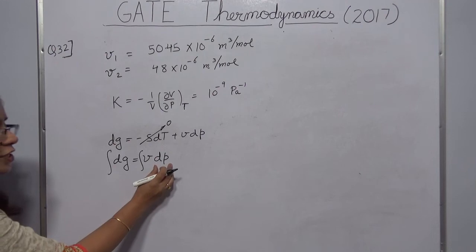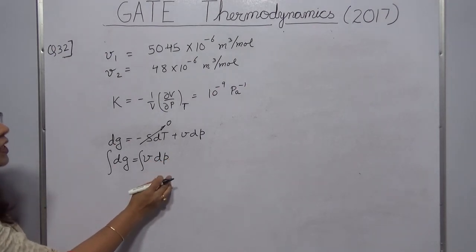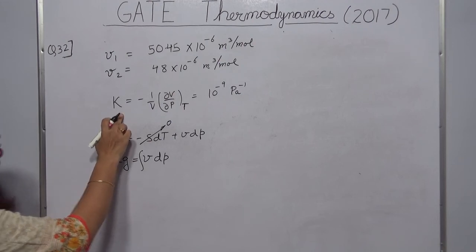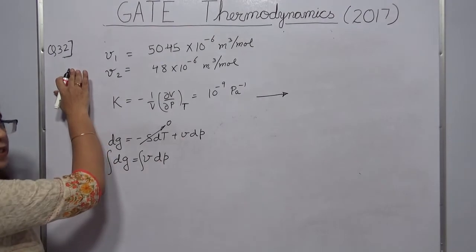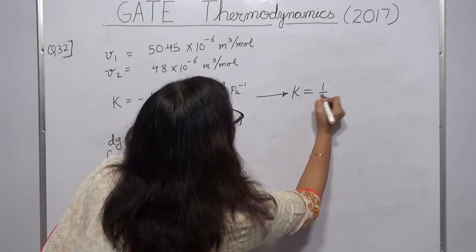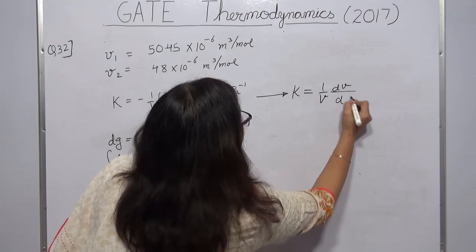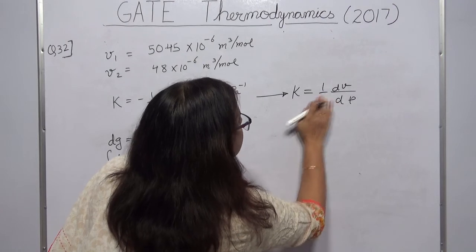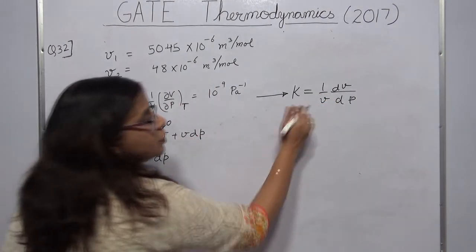So I will change the variable with respect to which I am integrating from P to V, and for that I will use this equation. Since this is taking place at constant temperature, I can write kappa equal to minus 1 upon V, dV upon dP. This is small v. Now let's find dP in terms of dV.